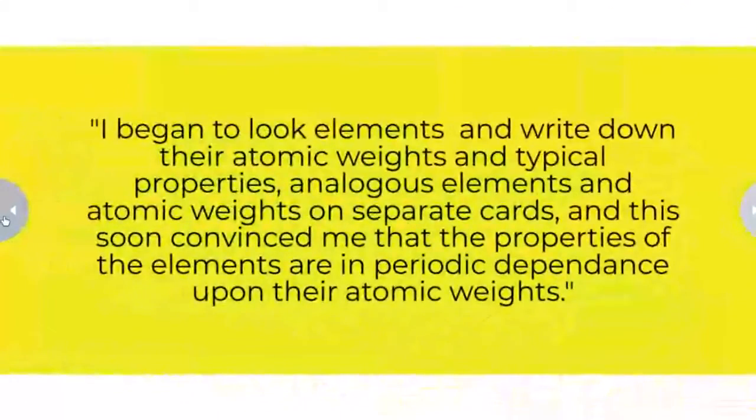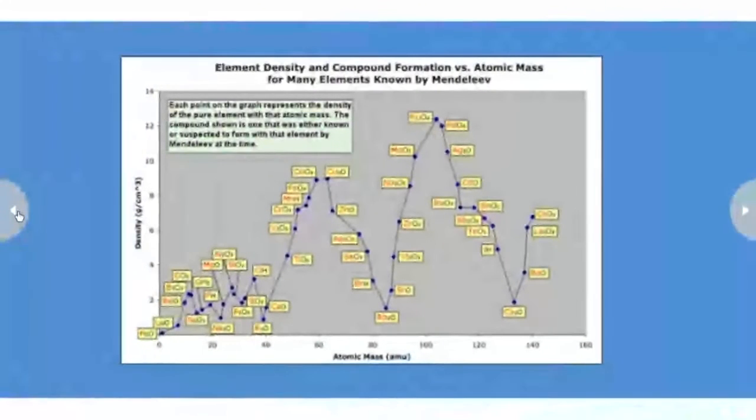So look what Mendeleev did. He arranged these, in a sense, what's going on here? The mass is increasing, right? 9, 11, 12, 14, 16, 19. The mass is increasing. Boron, carbon, nitrogen, oxygen, fluorine. Remember? We had the chart. Lithium, beryllium, boron, carbon, nitrogen, oxygen, fluorine.